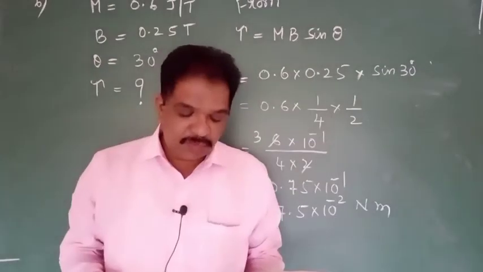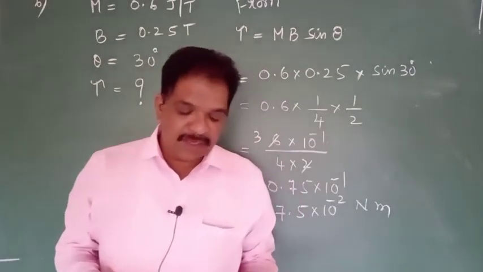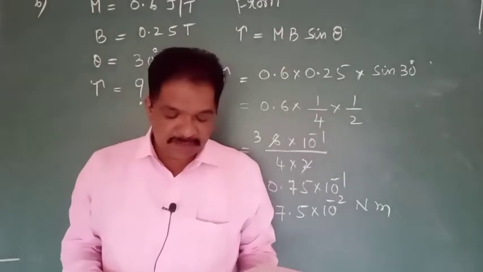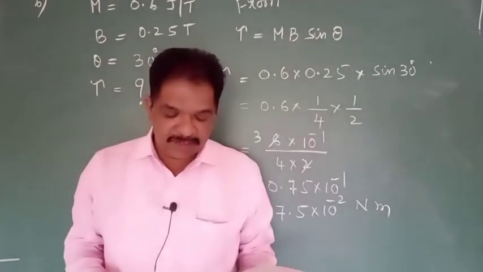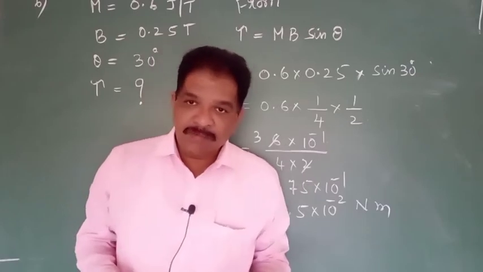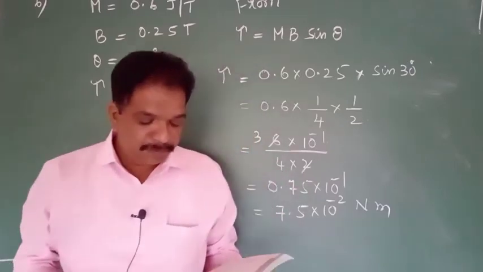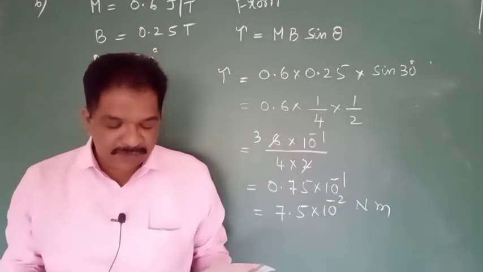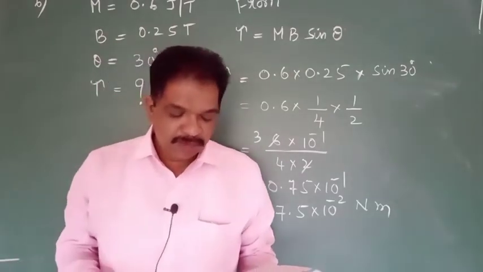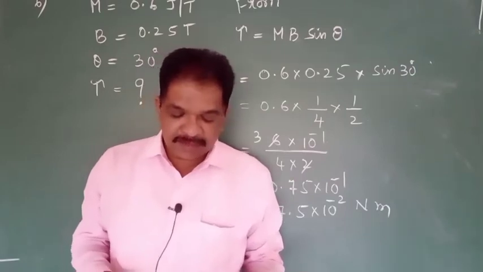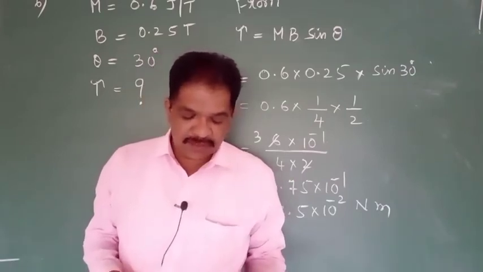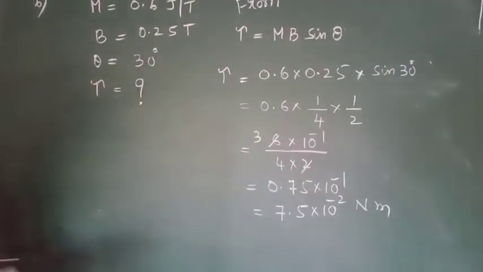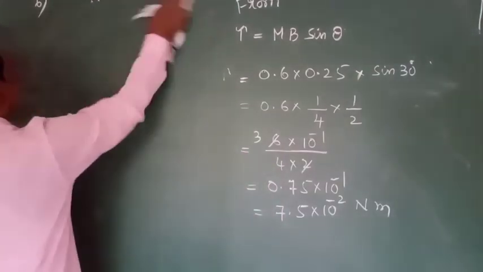What is the amount of work required by an external torque to turn the magnet so as to align its magnetic moment normal to the magnetic field direction, and opposite to the field direction? What is the torque on the magnet in each case? Simple question only.